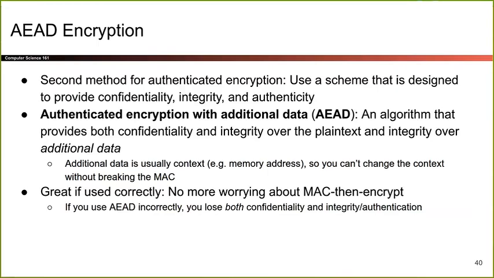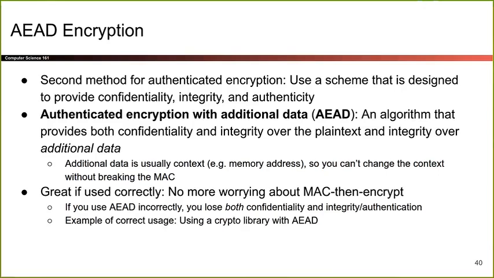So that's not good. If you had used MAC-then-encrypt, maybe if you screw up one of them, you lose integrity or you lose confidentiality, but it's kind of hard to lose both. But because this scheme was designed to give you all of them together at the same time, if you use it wrong, then you lose everything together. So it's high risk, but if you use it right, then it's pretty convenient because you don't have to worry about all the MAC-then-encrypt and key reuse stuff. So high risk, high reward, I guess.